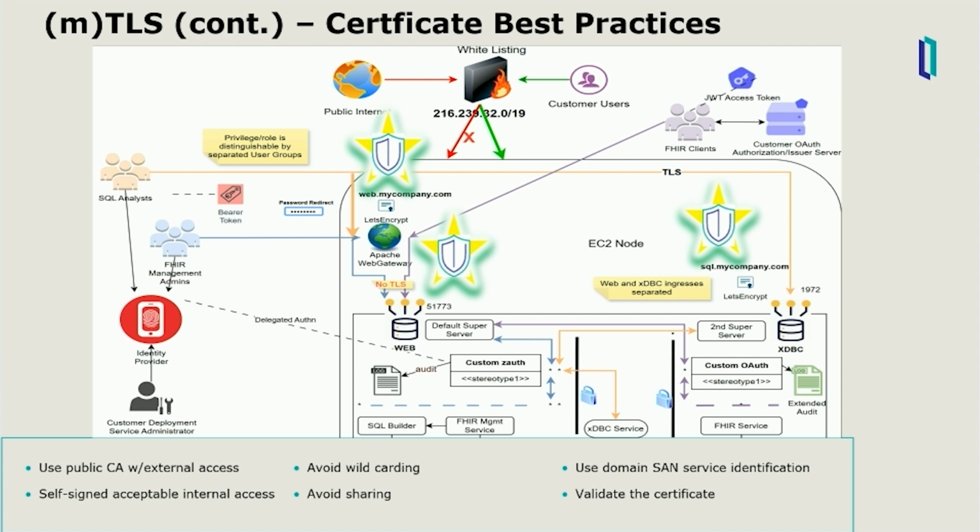So all components should have certificates even within the internal component. So even though the web server has the external certificate endpoint, its communication is internal between itself and IRIS, the super server, it should still be encryption in transit with TLS and a certificate.